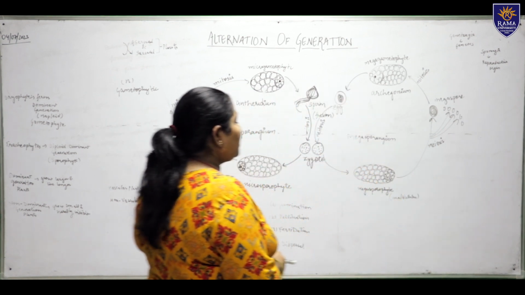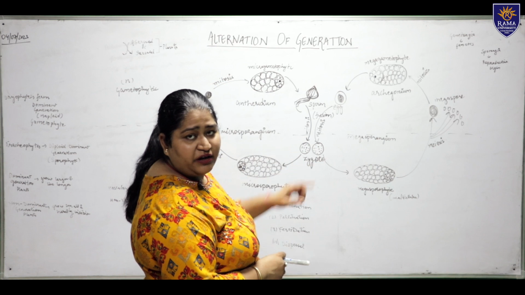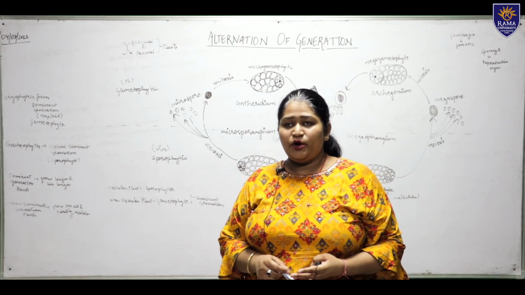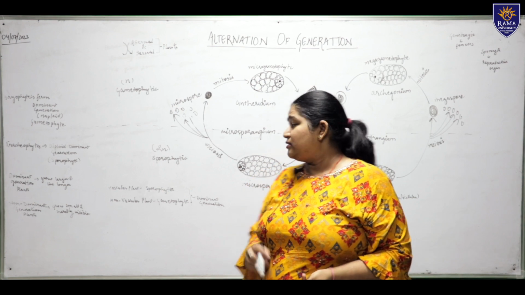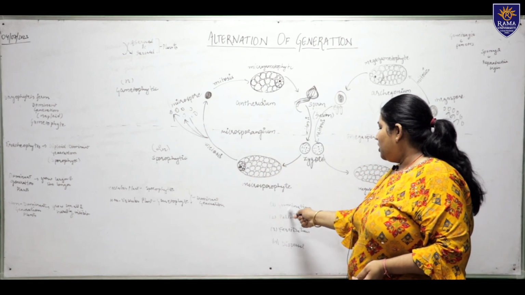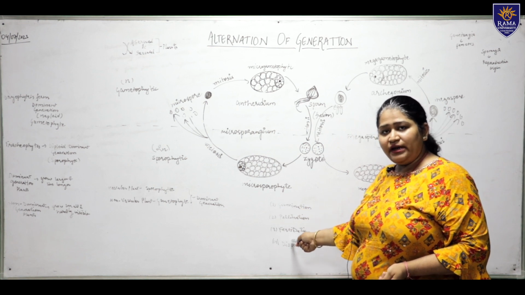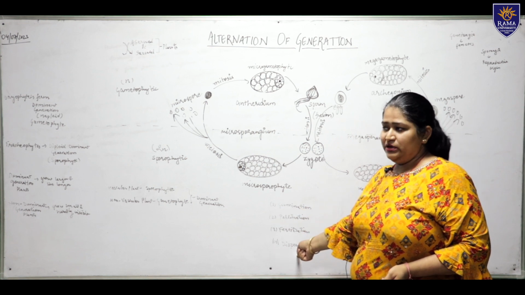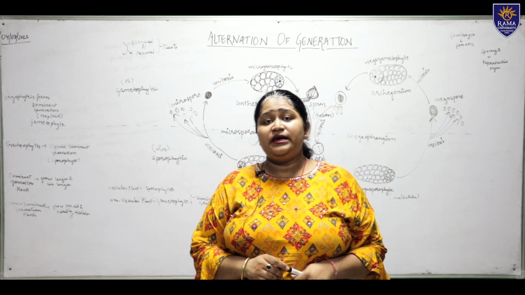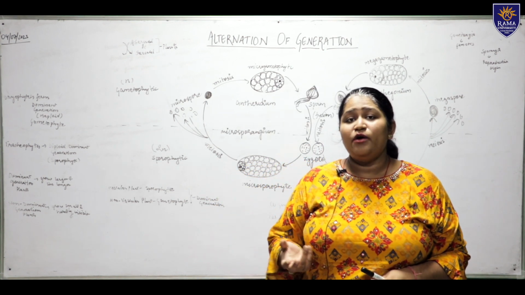So the whole process of alternation of generation takes place, and in this whole plant cycle there are four processes: germination, pollination, fertilization and dispersal. Germination is the formation of a plant from a seed.